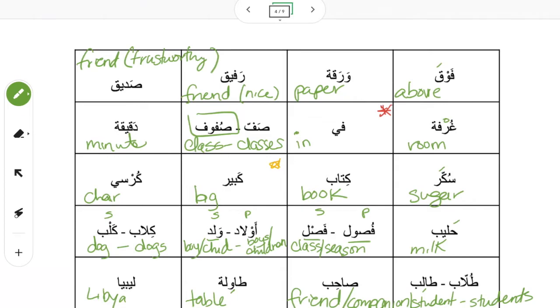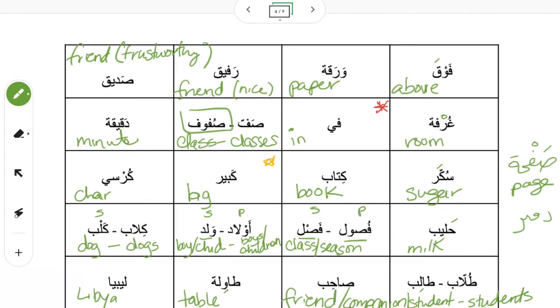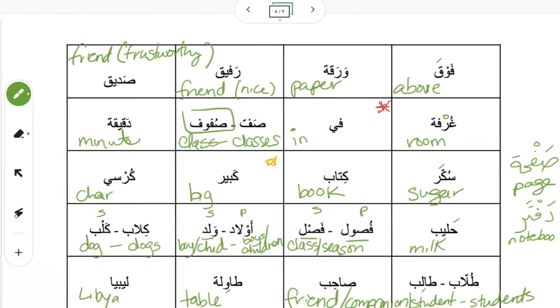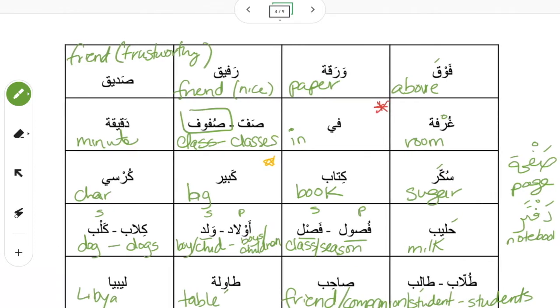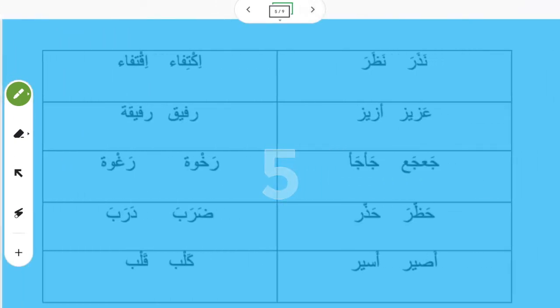Okay. We also did the word, I remember I brought it up in one of the videos, Safha, which is page, and Daftar, which is notebook. There we go. Okay, so those are some words that we did as well.